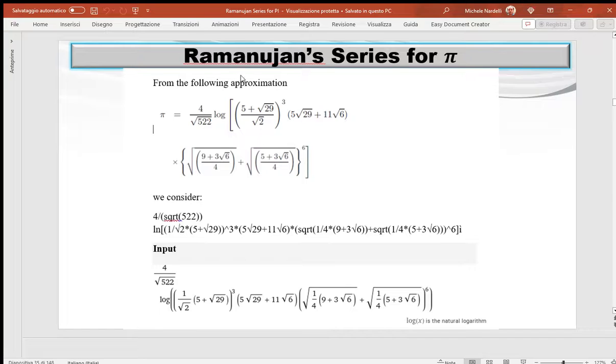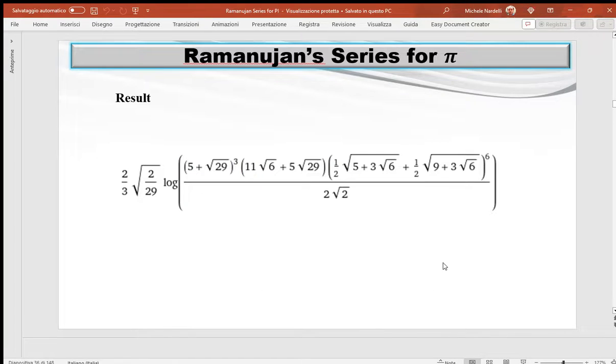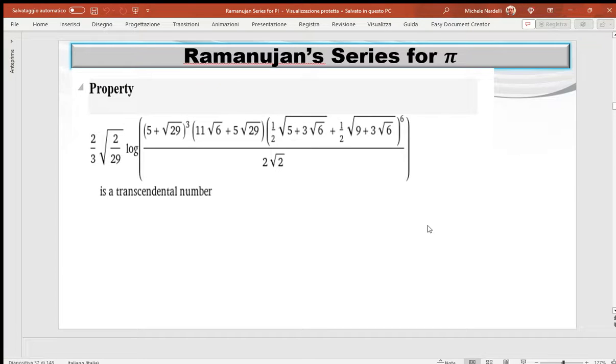Now, from the following approximation to pi, we consider the following expression, from which we obtain the following result, that is equal to pi.